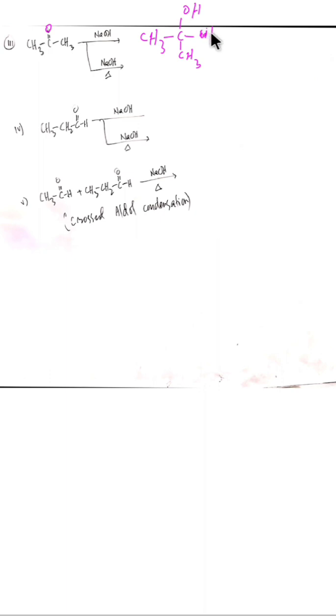This is our CH2 C double bond O CH3. This will be the product. And in the second case, aldol condensation product, we can just remove hydrogen from this alpha and OH from this beta to write the product, or use the trick I have mentioned earlier. Okay, but I am writing the product here like this. This will be the product.